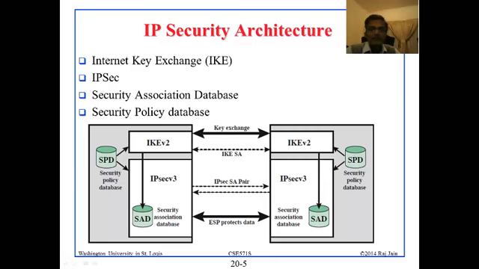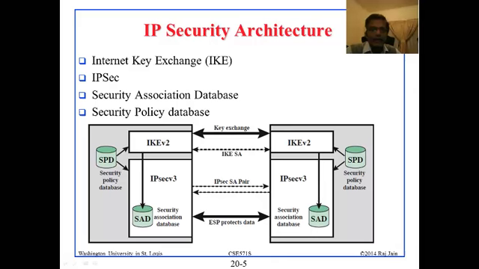Now it turns out, for whatever reason, these associations are one way. So you have to have two security associations for two-way encryption. This just allows the possibility in case you don't want encryption the other way. So these are all one way, and the data is protected in whatever direction it flows.